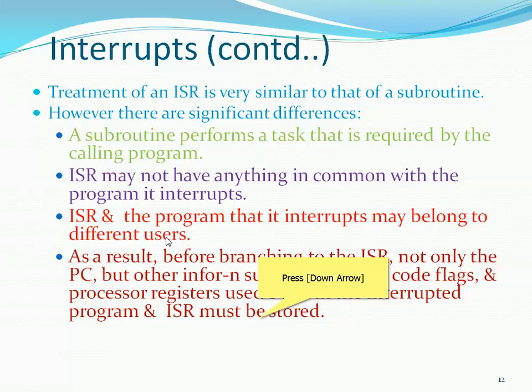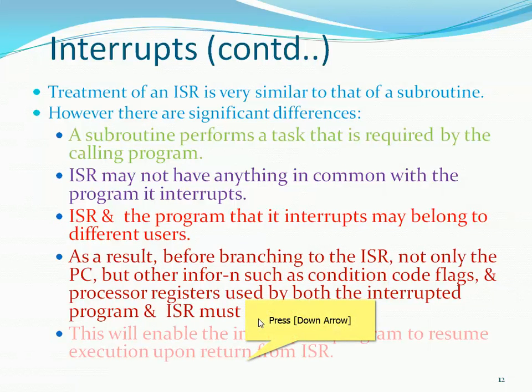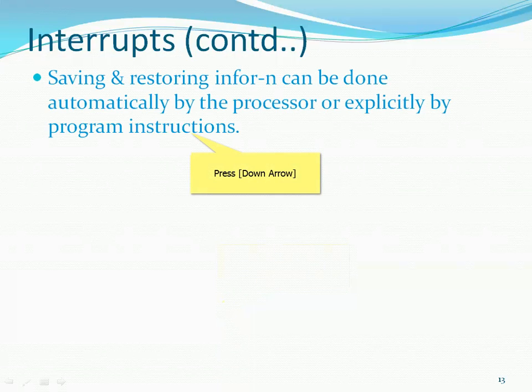The information of the interrupted program must be stored. This will enable the interrupted program to resume the execution upon the return from the interrupt service routine. This saving and restoring of information can be done automatically by the processor, or explicitly by program instructions, right?